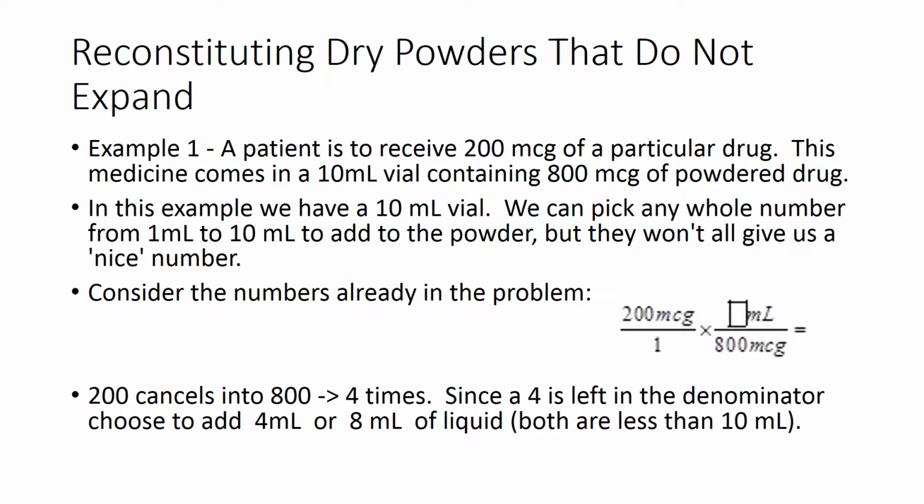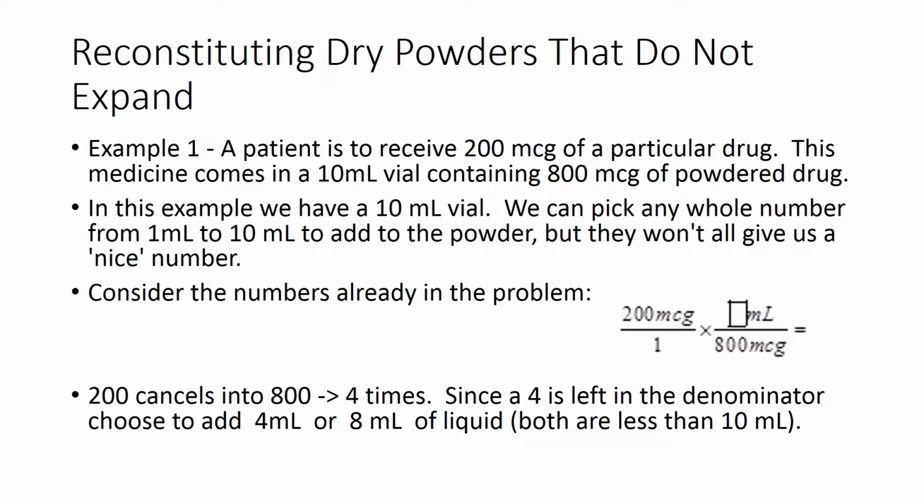So in example 1, again, we're talking about a patient who has to receive 200 micrograms of a particular drug, and this medicine comes in a 10 milliliter vial. We have a 10 milliliter vial, so we can pick any whole number between 1 and 10 to add to the powder, but they won't all give us a nice number. We're trying again to find something that's an even amount to give. So consider the numbers already in the problem.